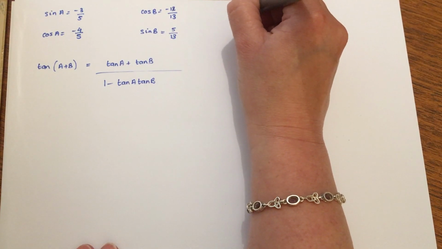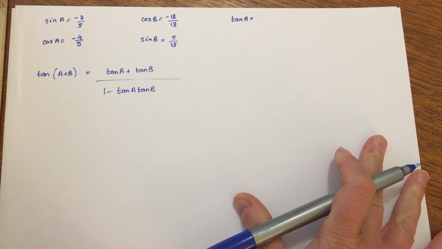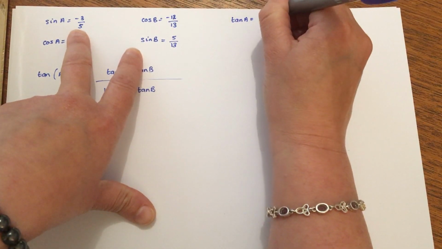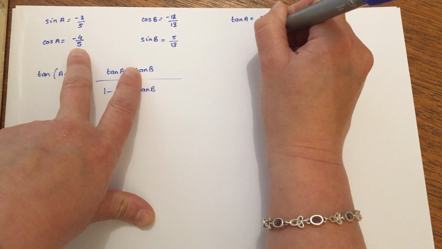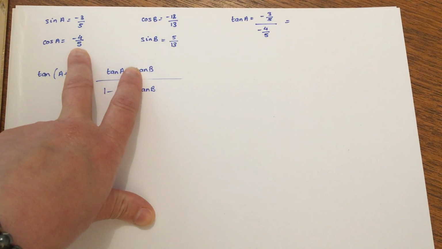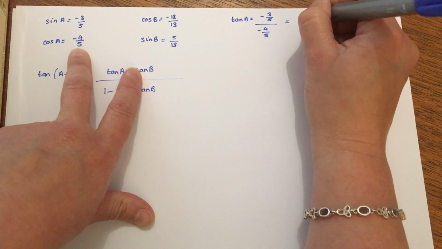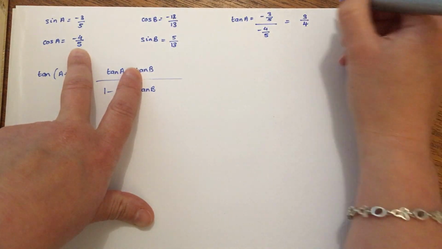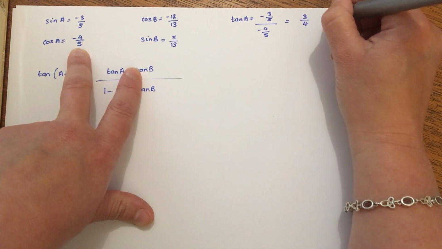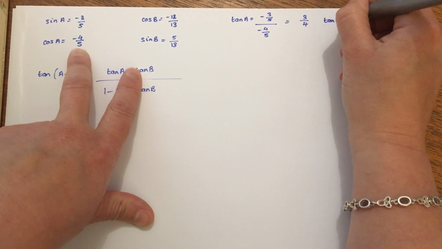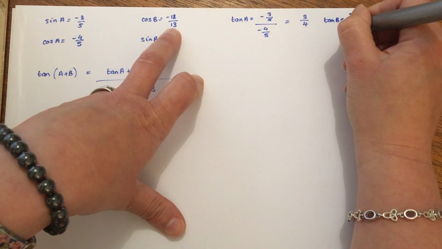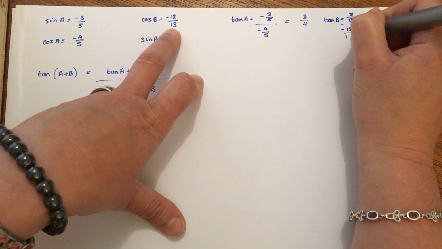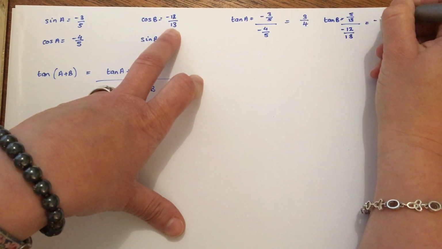So tan A is sine A over cos A, which is 3/4. And tan B is sine B over cos B, so minus 5/12.